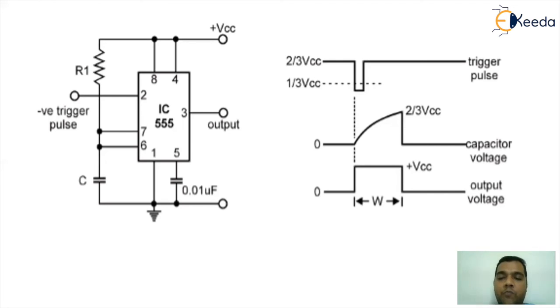Till that time, the output will be retained at a VCC value, and then you get a specific width. As and when you modify the values of the resistor and the capacitor, the width of the pulse will keep on changing for the output. So this is how you can generate a pulse of different widths with respect to the combinations of resistor and capacitor. And everything is getting controlled by the charging of the capacitor.